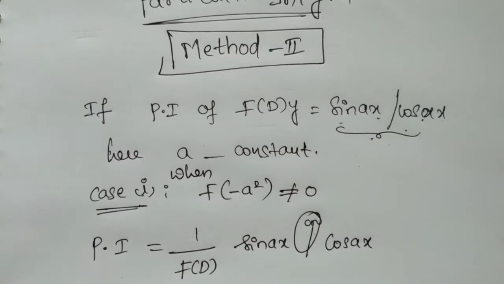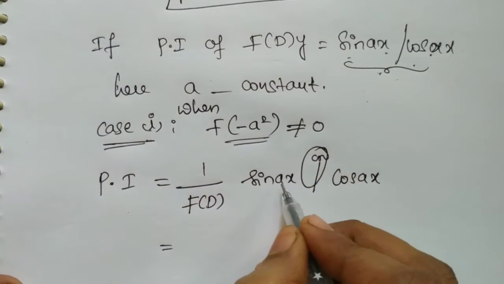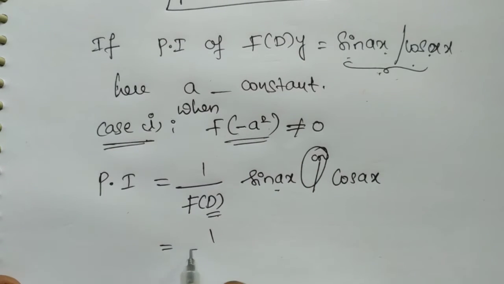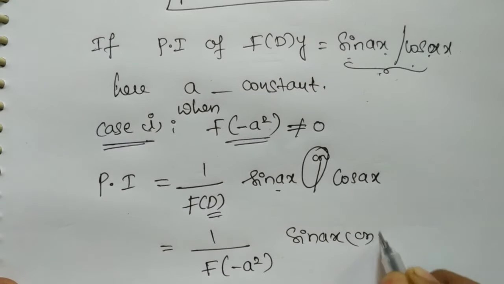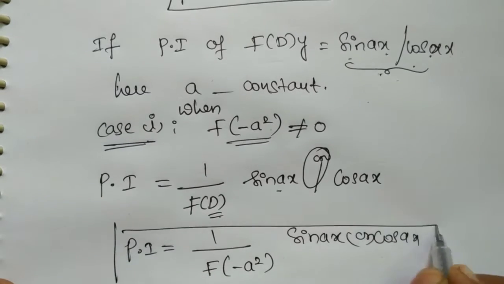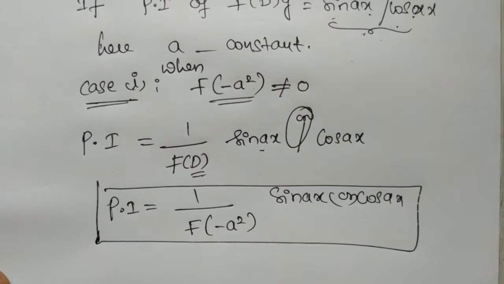Substituting minus a square in place of D, that is 1 by f of minus a square into sin ax or cos ax. This is the particular integral when f of minus a square is not equal to 0.